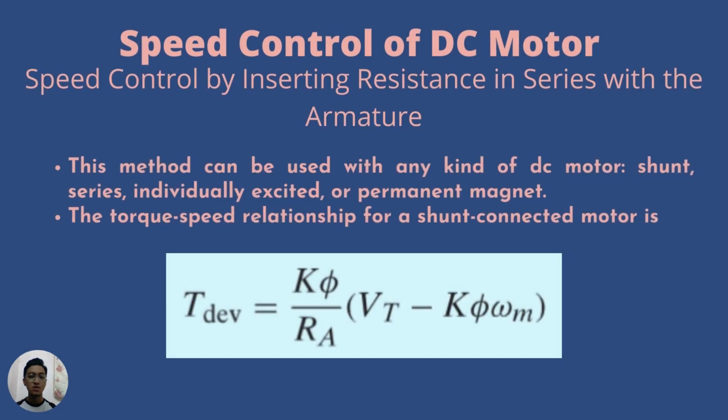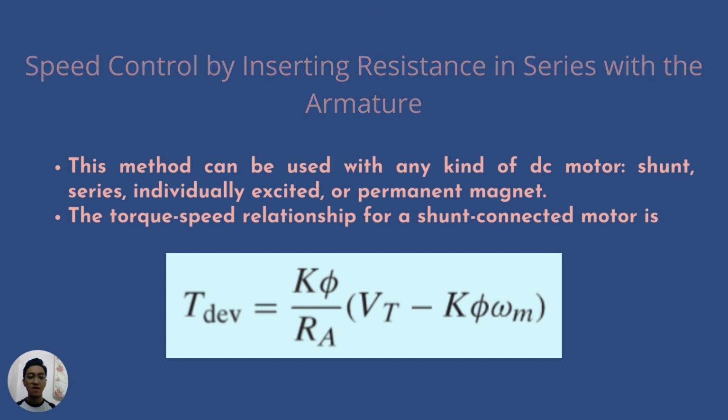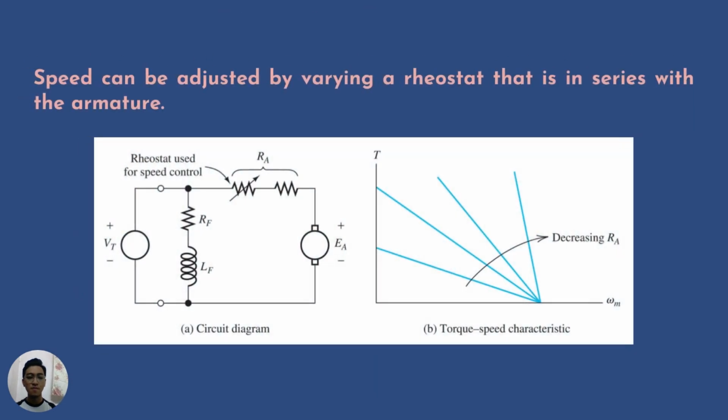The last one is speed control by inserting resistance in series with the armature. This method can be used with any kind of DC motor: shunt, series, separately excited, or permanent magnet. The torque-speed relationship for a shunt-connected motor is torque developed equals K phi over Ra times (Vt minus K phi omega m).